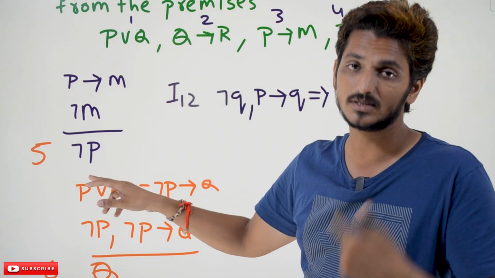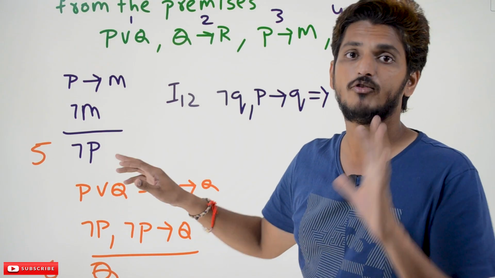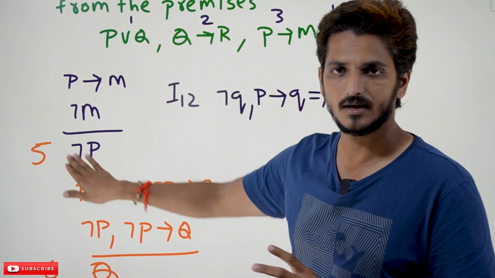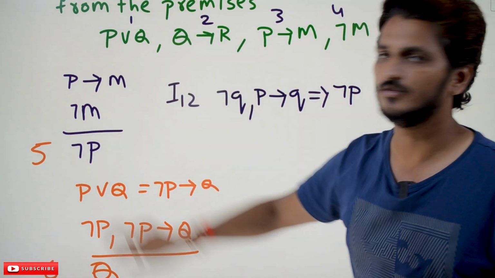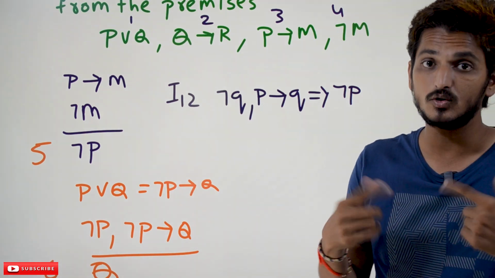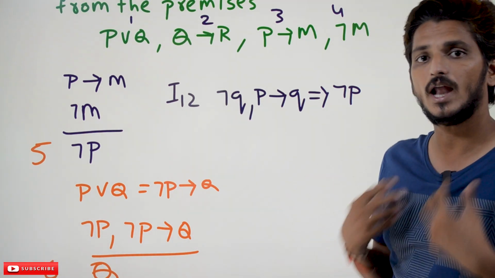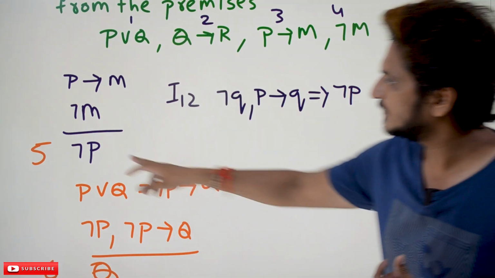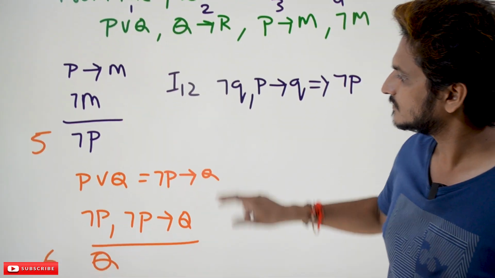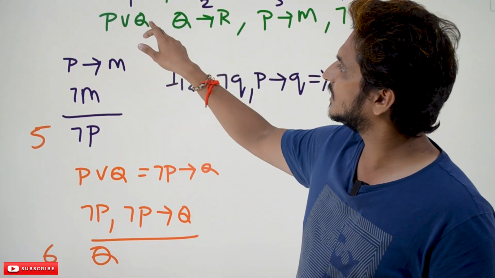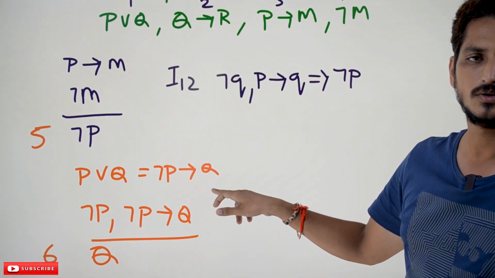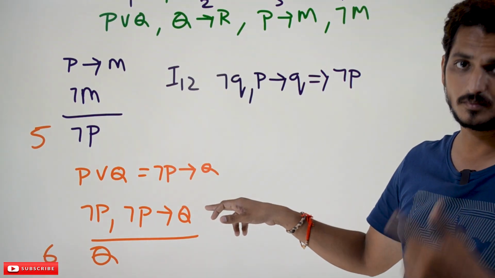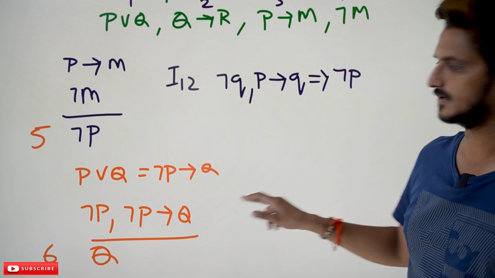So in total how many premises? Now we are going to have 5 because this is valid. So we are having 5: 1, 2, 3, 4 and the fifth one. From these 5 premises, we have to conclude that R is a valid premise. So from this negation P, see here, P disjunction Q can be written as negation P implies Q. So everything we bring back to implies.